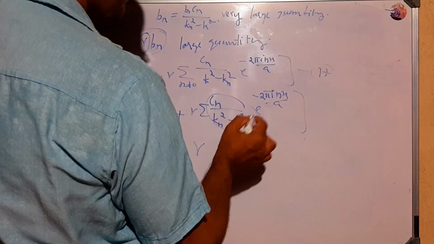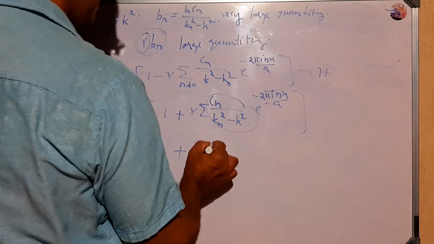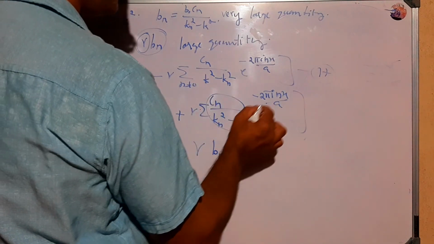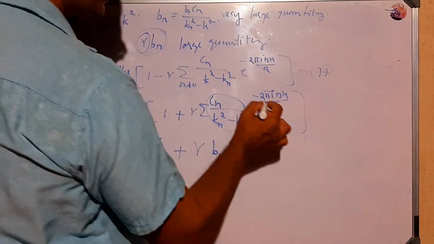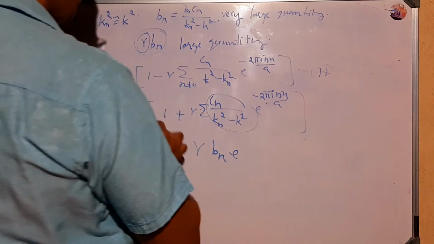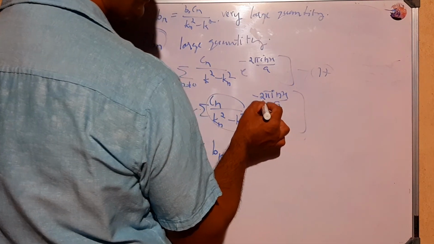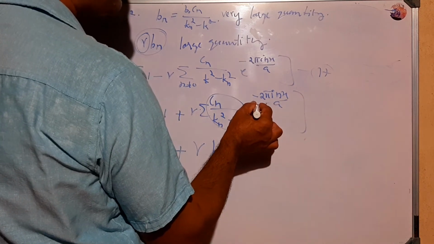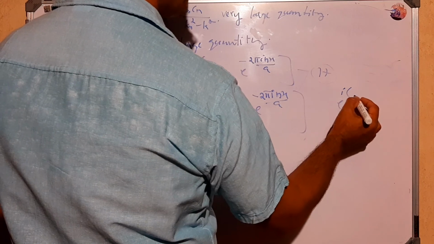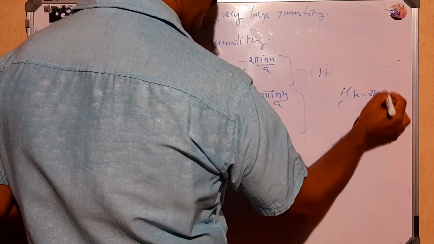This is nothing but Bn. So it becomes Bn into e to the power ikx, and multiplying here also, it becomes e to the power i into k minus 2 pi n by a of x.